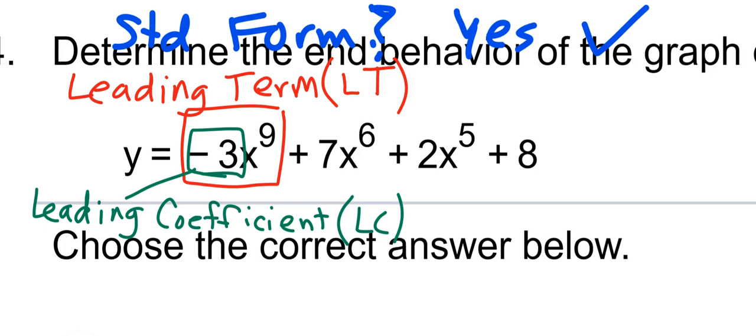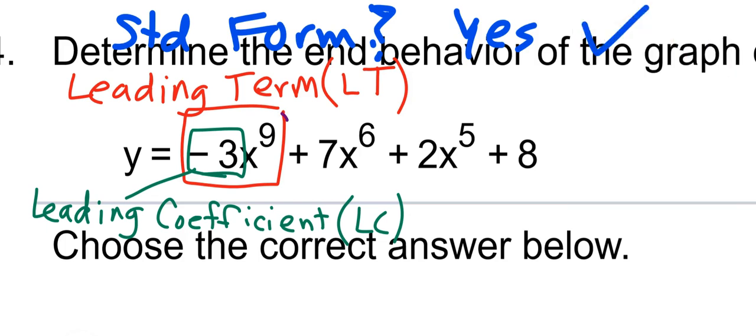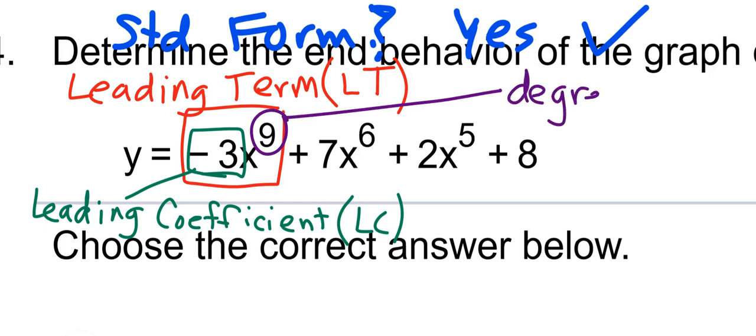Should have abbreviated ELSI. Never mind. I also need the degree. So the leading term holds the 2 pieces of information that I need.